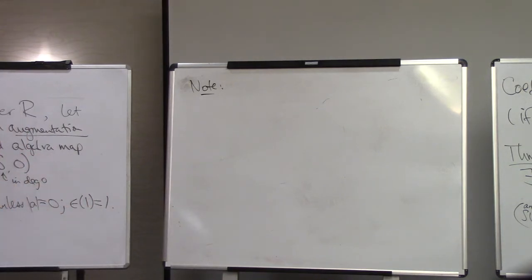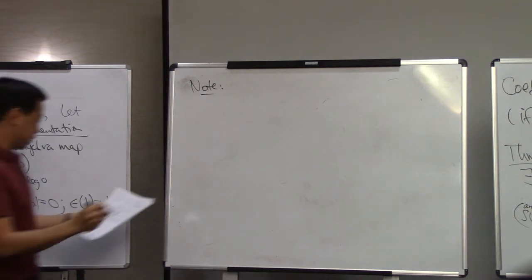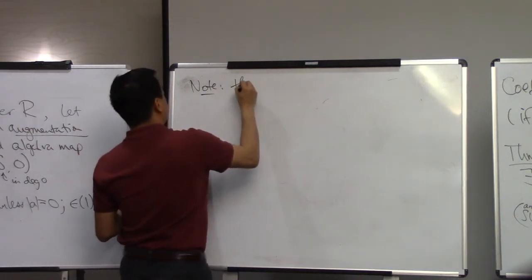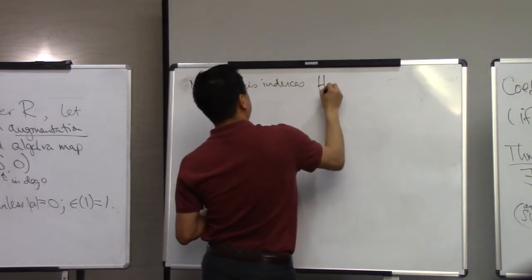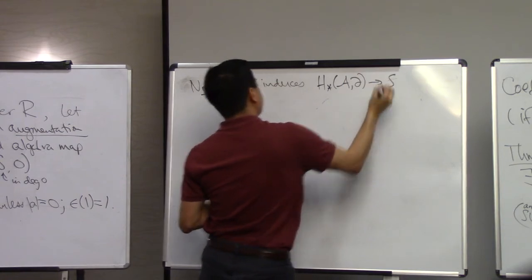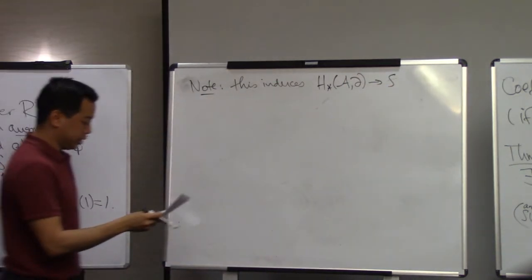Let me just note, this induces a map on the homology. So if this is the DGA for Legendrian contact homology, then this actually gives a map from the homology to S. That is clear, I think.